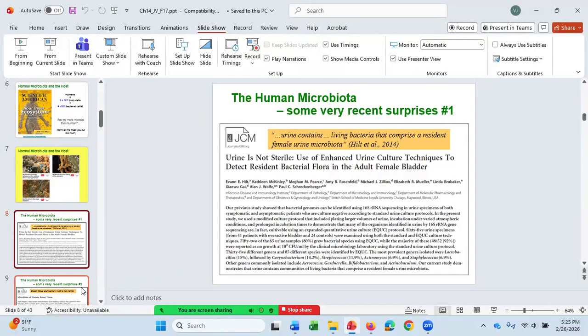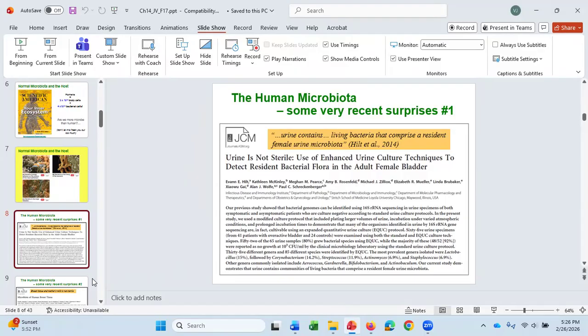We found normal human microbiota in some unusual places. We've known about it now for about 10 to 15 years. They found that the female bladder is not sterile, that there are normal microbiota in the female bladder.